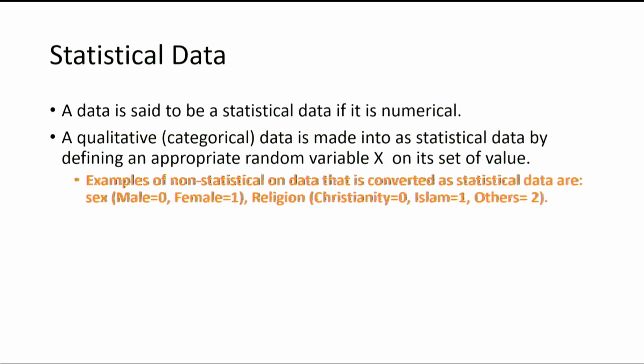The second one is what we call statistical data. A data is said to be statistical data if it is numerical. A qualitative or categorical data is made into statistical data by defining an appropriate random variable X on its set of values.